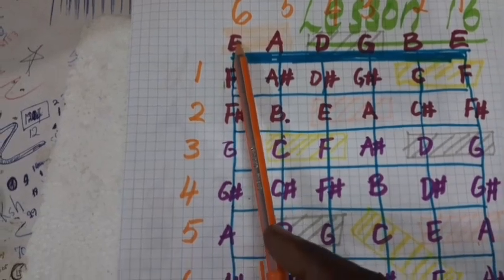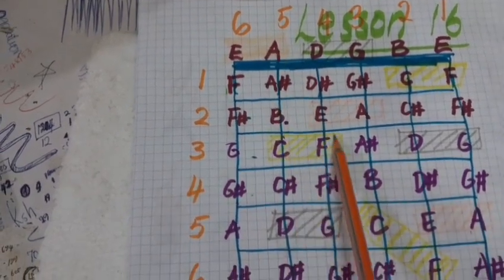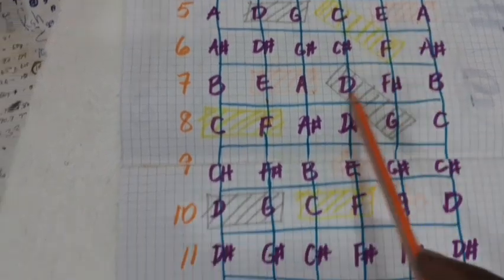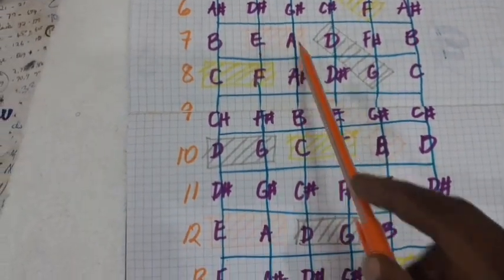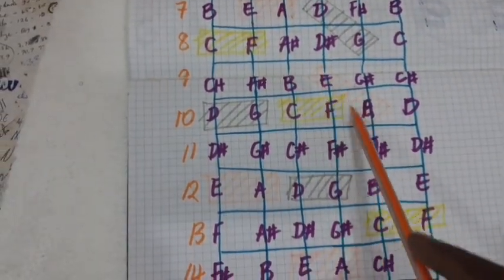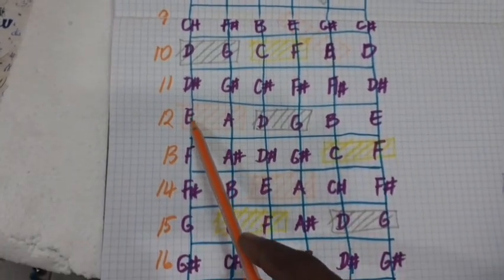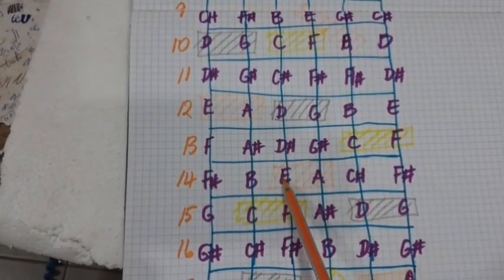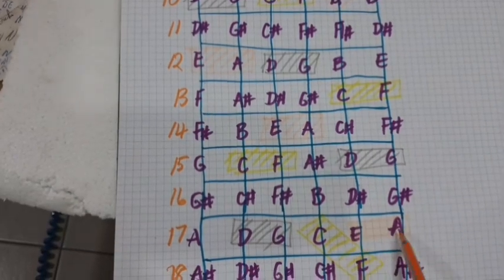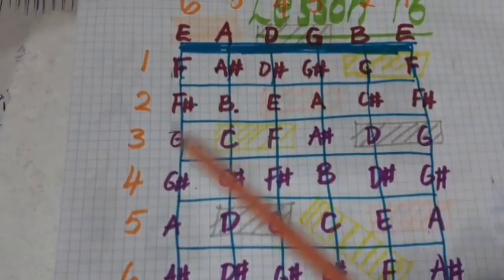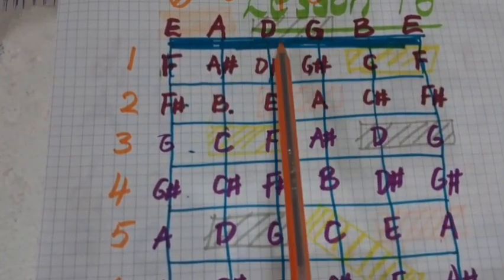Look here. There's E A, E A, E A, E A, E A. This is A. Look here too. E A, E A, E A. And it goes on. So there are a lot of relationship in the keys.